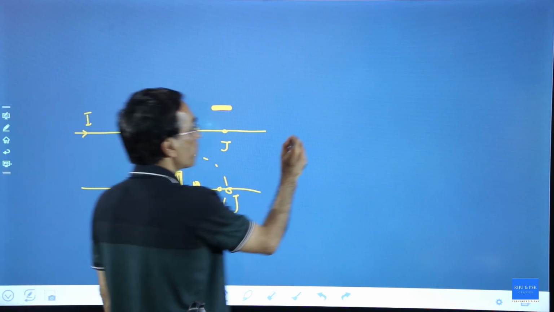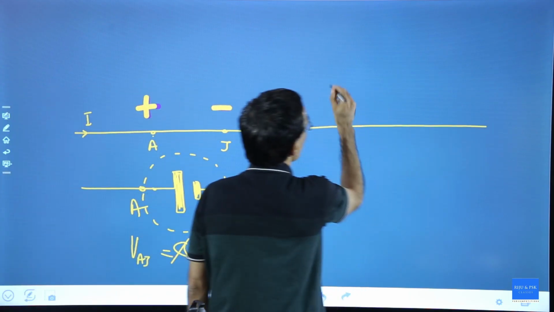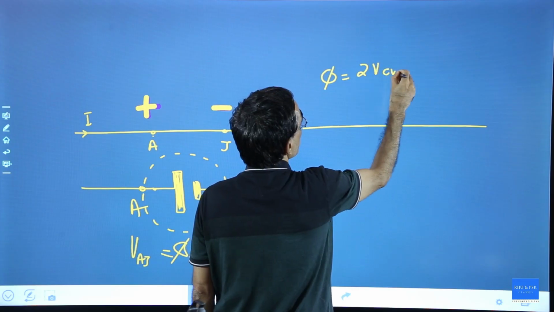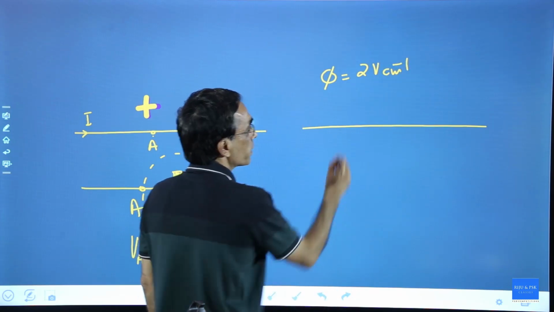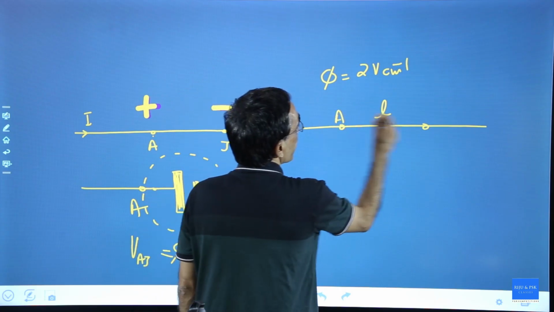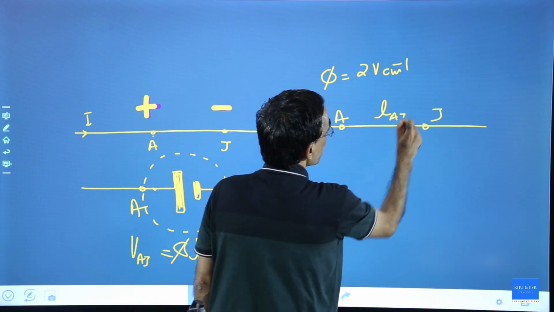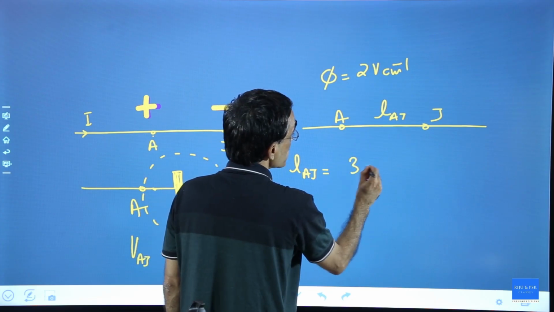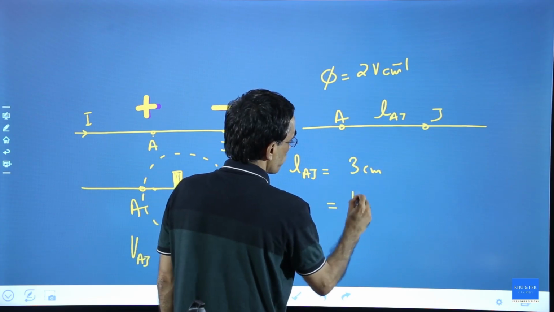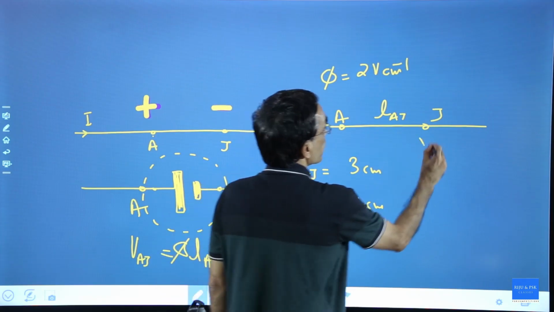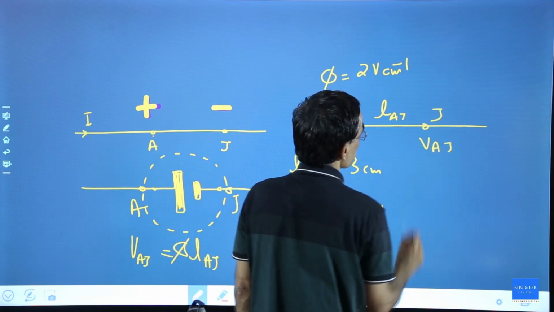Okay, practically this is important. Say there is a potential gradient of 2 volt per centimeter. Then if the length of the wire between A and J, length AJ, is equal to 3 centimeter, 4 centimeter, 5 centimeter, what about the potential difference VAJ?